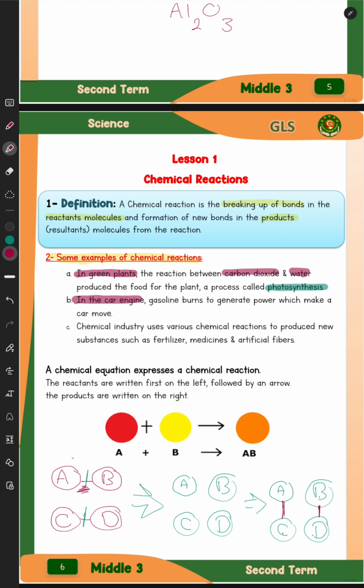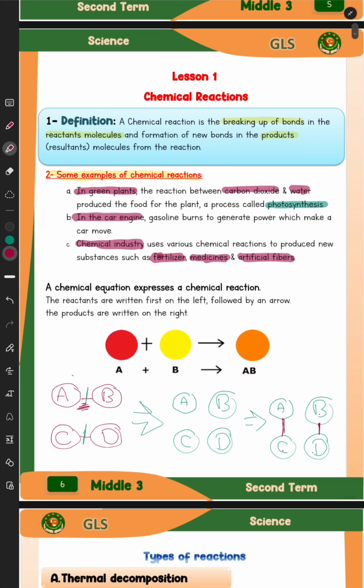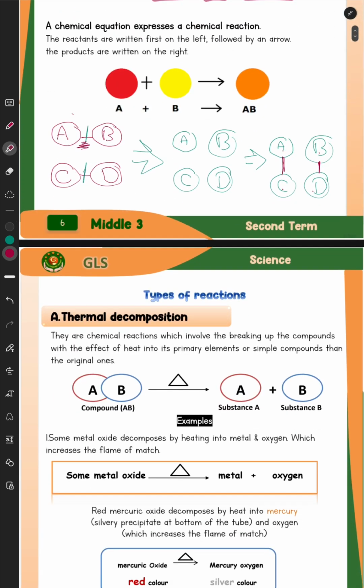Number three, chemical industry uses various chemical reactions to produce new substances such as fertilizers, which we use in farming lands, medicines to cure people, and artificial fibers, which have many uses.